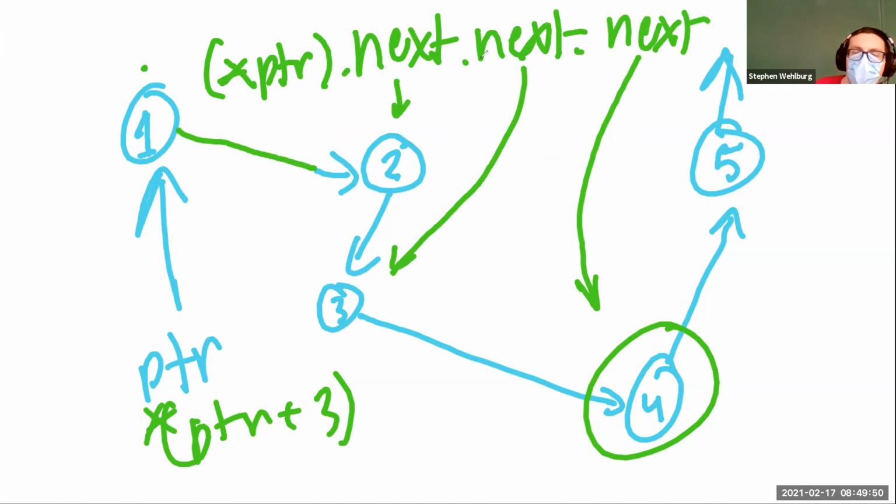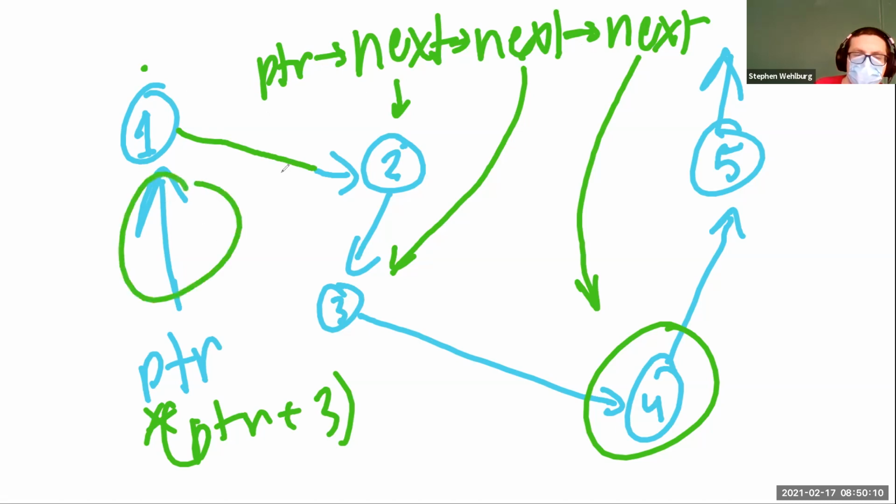But actually, it wouldn't be dots. You would use the member access operator, the arrow, because those should all be pointers. So you'd say pointer next.